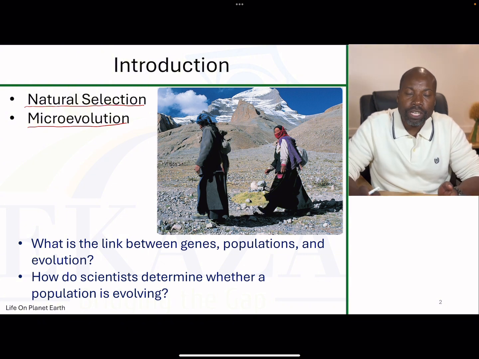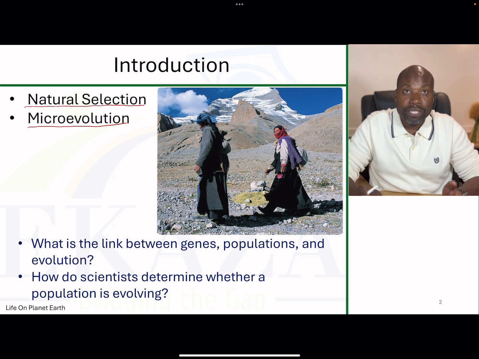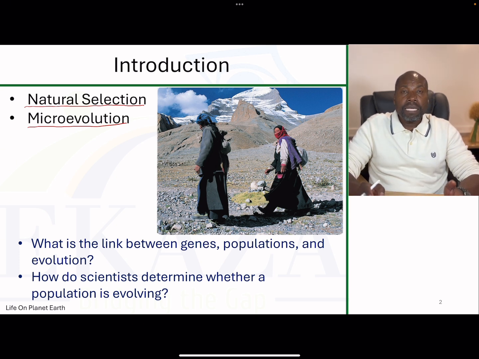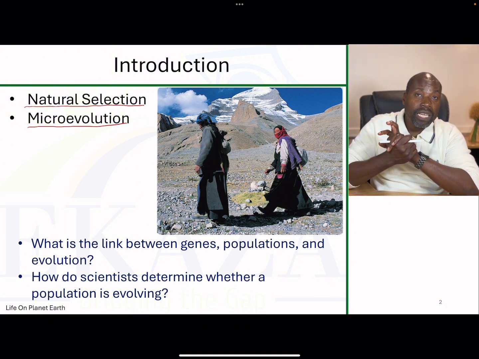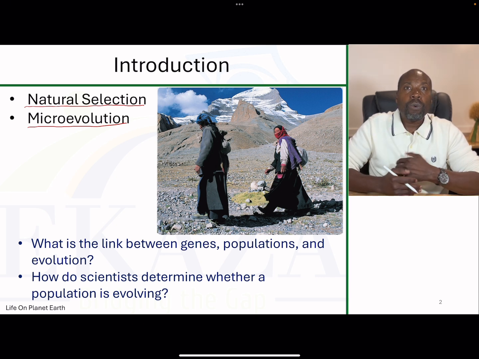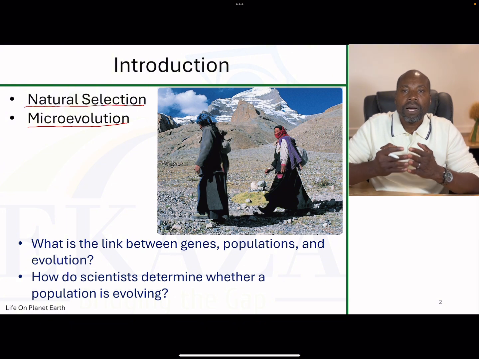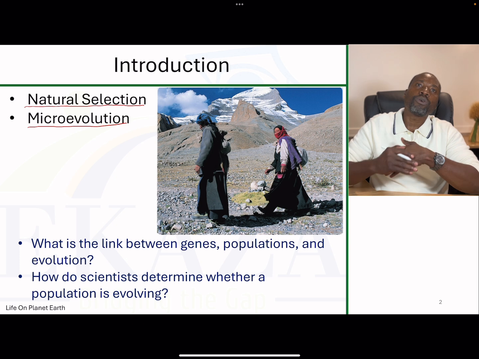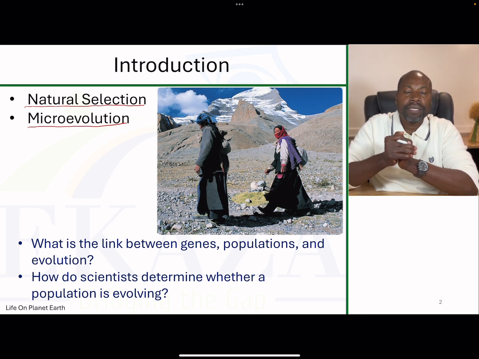Now, this picture is that of people who actually live in high mountains. Typically, if you living in Ohio leaves Ohio to go to Himalaya, what happens is that by way of adaptation, your body will start producing a large amount of hemoglobin. Why? Because as you go high in altitude, the amount of oxygen in the air decreases.